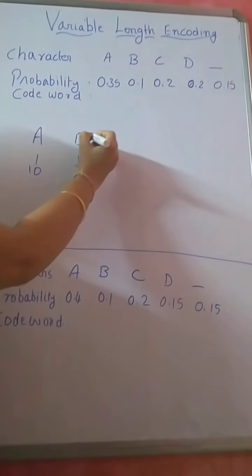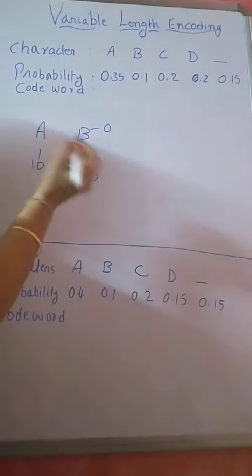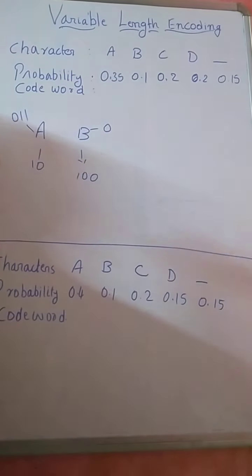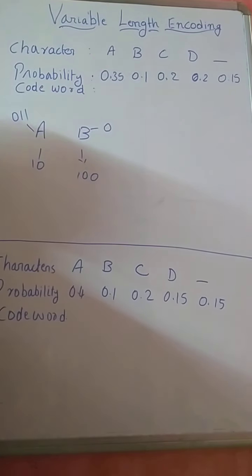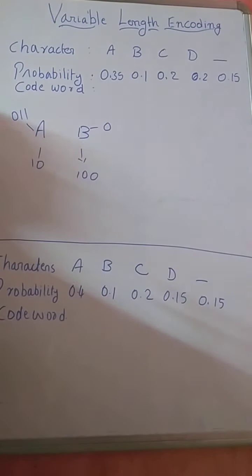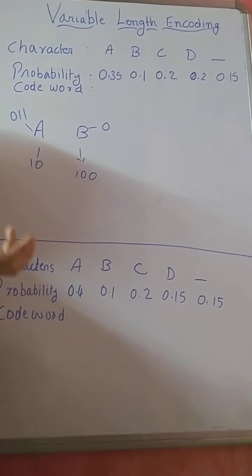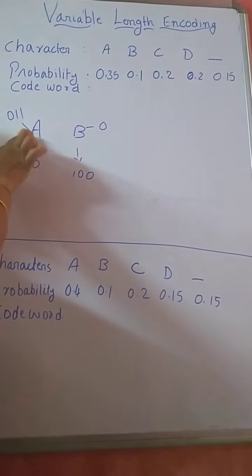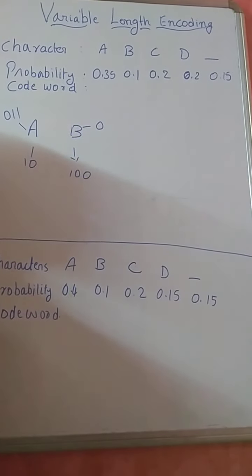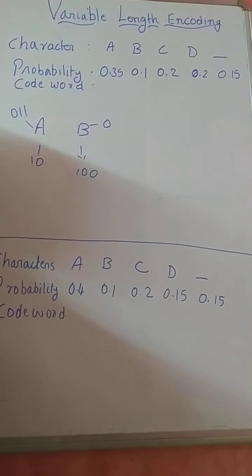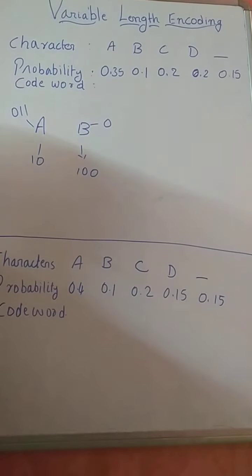Then make sure that the length of the code word for B is much less than the length of the code word used for character A. Got it? For example, the length of the code word for B is 1 and for A may be 3. Then obviously the amount of space we use to save that text will be reduced. The code word for B is 0, and the code word for A is 011. So it will reduce the space compared to the fixed length encoding technique.